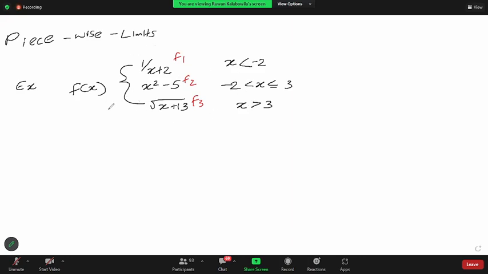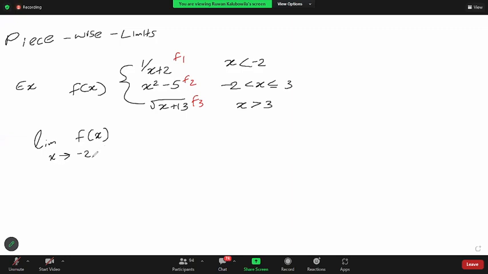Okay. Then our target is to find the limit when x approaches -2. What happens to this piecewise function? This is our target, right? Okay. Then we have to think in the very basic format. If we need to find the limit when x approaches some number, we have to look at the left hand and the right hand.